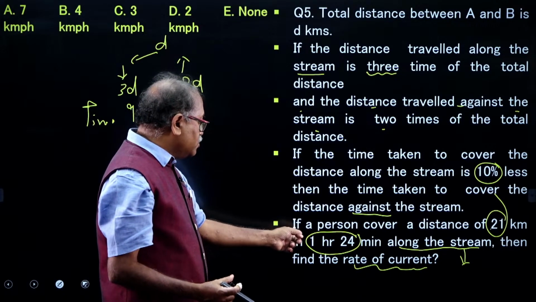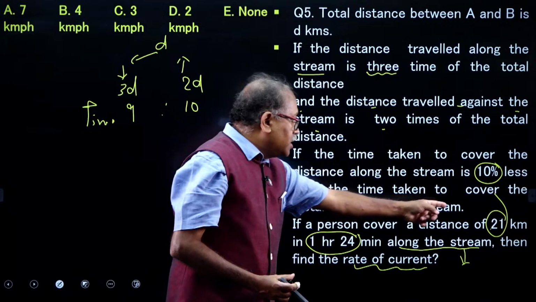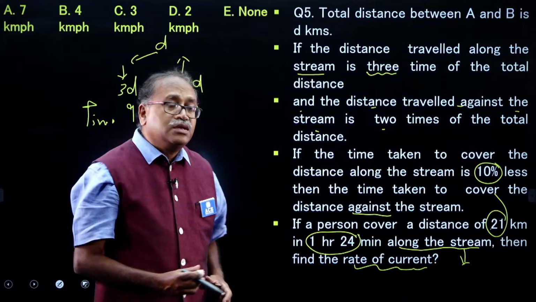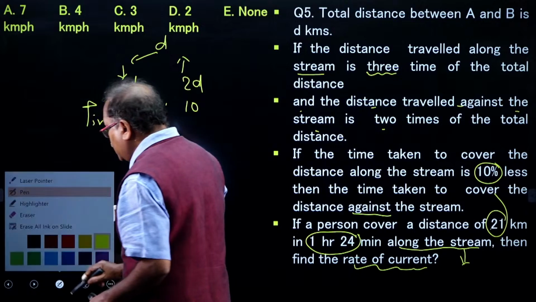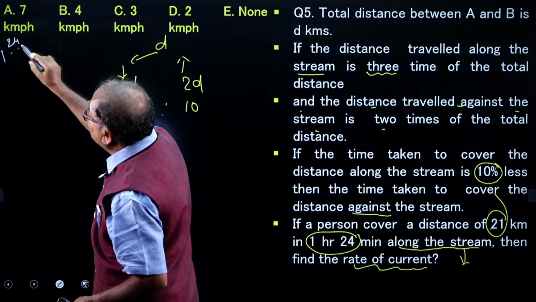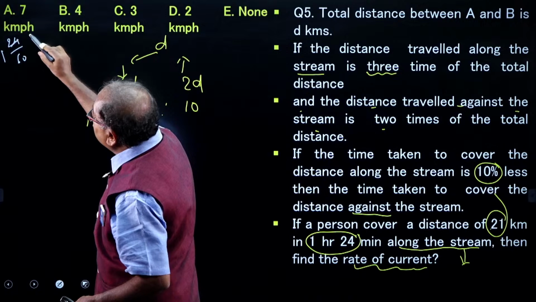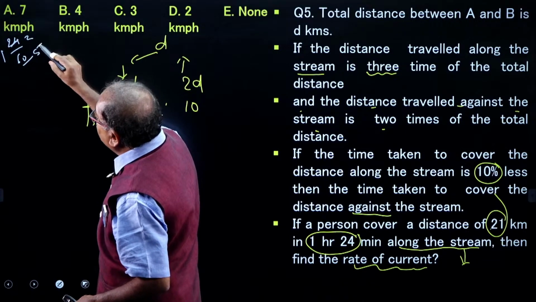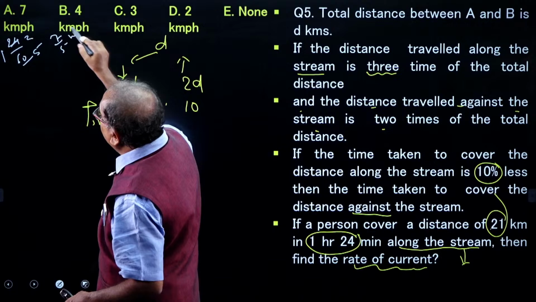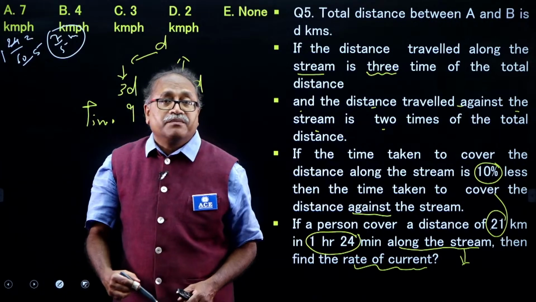So, coming to the downstream speed, 21 is the distance and 1 hour 24 minutes is the time. So, let us do a small rough calculation. 1 hour 24 minutes, that is 24 by 60, this is 2 times 5 times, and then this is 7 by 5 hours. This is the time.